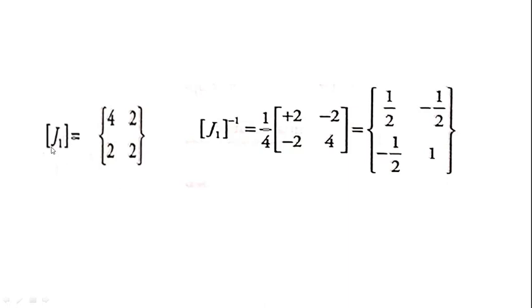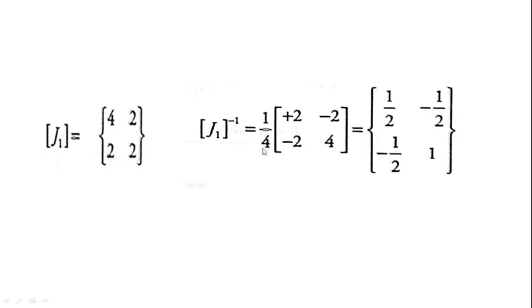We already calculated the matrix J1 as 4, 2 and 2, 2. Now the formula is 1 upon determinant of A. The determinant can be calculated by cross multiplication and subtracting the terms. 4 into 2 is 8 and 2 into 2 is 4. So 8 minus 4 becomes 4.